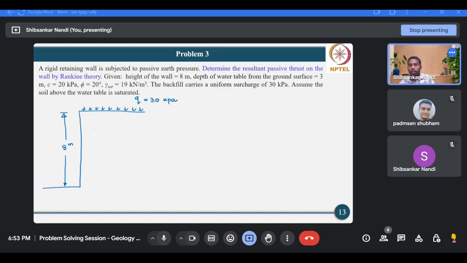So C value is 20 kPa. Phi value is 20 degree. And gamma saturated is 19 kN per meter cube. And inside the backfill at a depth of 3 meters, there is a water table. Okay.